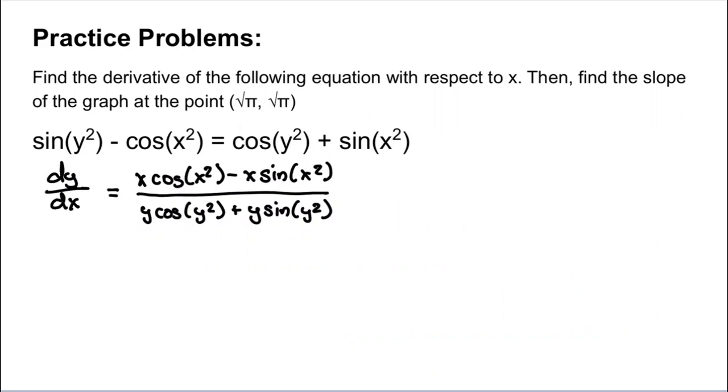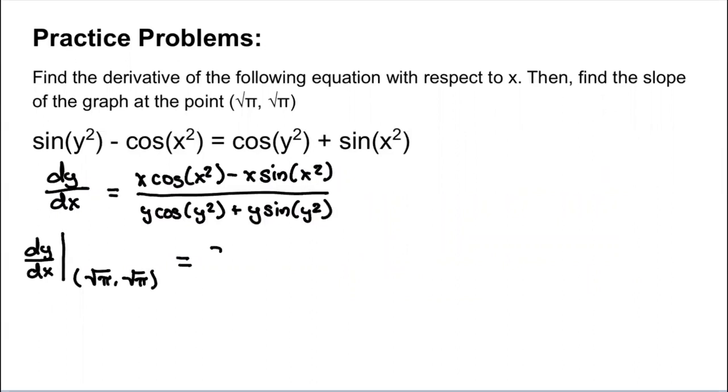And so now we're going to evaluate this at the point root pi comma root pi. X and y happens to be the same coordinate point here. So our notation for this, I'm going to take dy/dx, then we're going to have this vertical line at the point root pi comma root pi is equal to, now for every instance of x, I'm going to replace it with root pi, and for every instance of y, I'm also going to replace it with root pi.